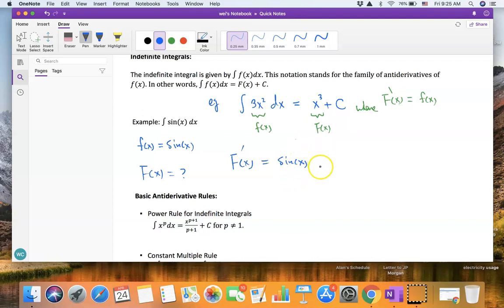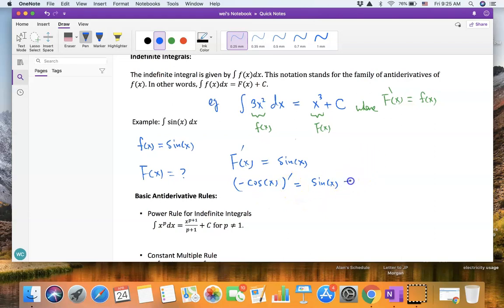So if we recall the formulas of derivatives, we know that when we take the derivative of negative cosine x, the result is sine x, right?